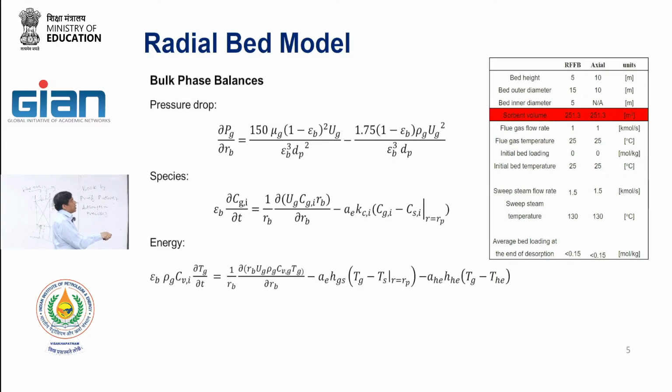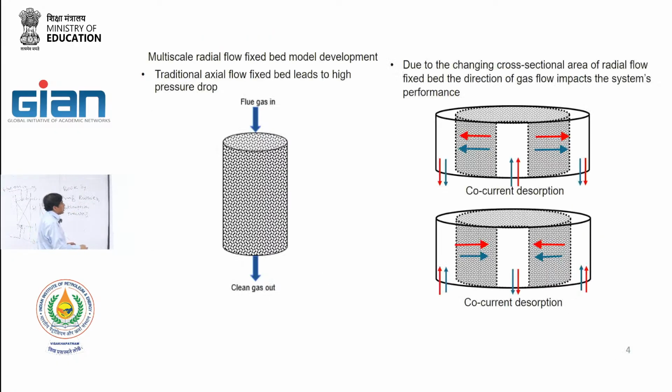And the idea here is that, see, this design looks very different, but we wanted to have the same bed volume, the same bed solid volume. Basically meaning that I have X kg of sorbent and two options.